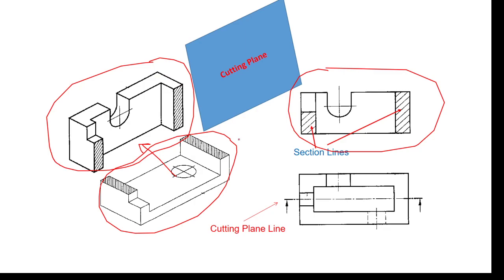Here is the answer. It is under agreement, by using thin continuous inclined lines, for any kind of material, just by highlighting the solid surfaces in contact with the cutting plane, those that have been cut during the imaginary sectioning process.